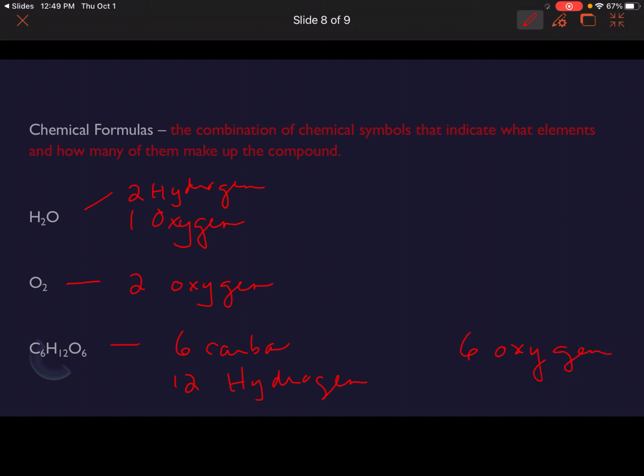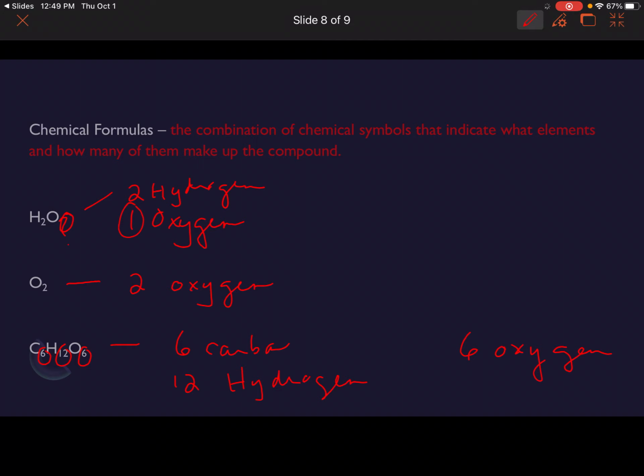So those little numbers after, that tells you how many atoms there are. And if there's nothing there, like in the oxygen, it's blank, you assume 1, okay? So it's 1 unless there's another number there.